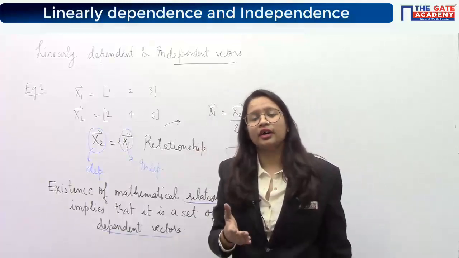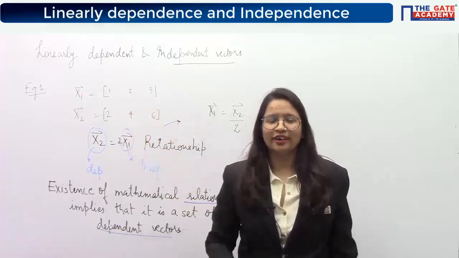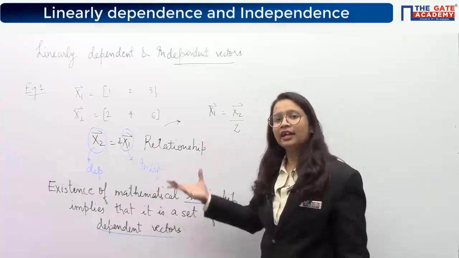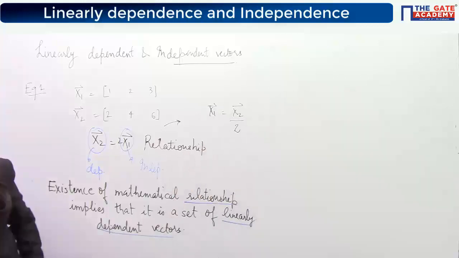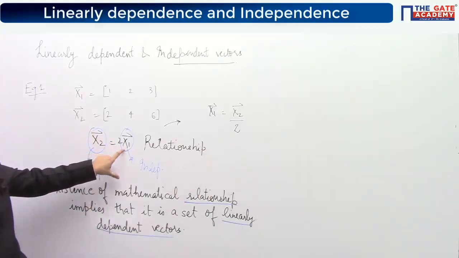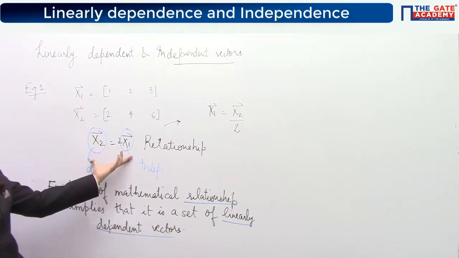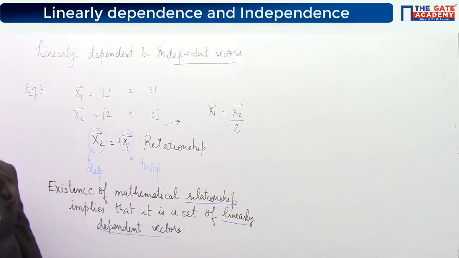If they were unknown or strangers to you, then you wouldn't have any dependency. So that is the real life example of this: existence of a relationship directly implies there is a dependency. I am saying one can be written as a multiple of the other, and here I have said mathematical relationship. This is the relationship. So both are the same thing only. Why are you getting confused?